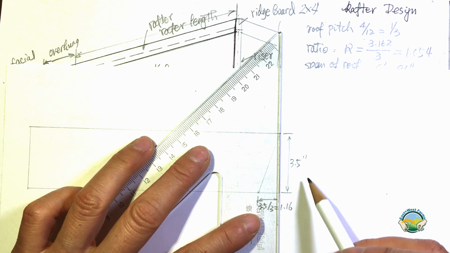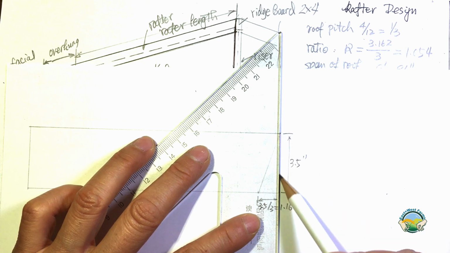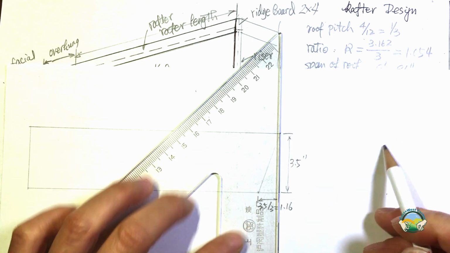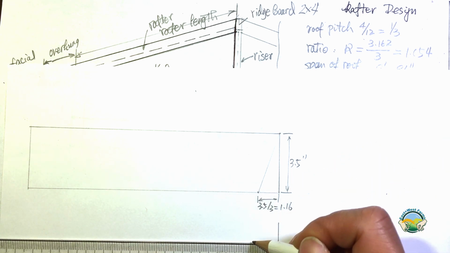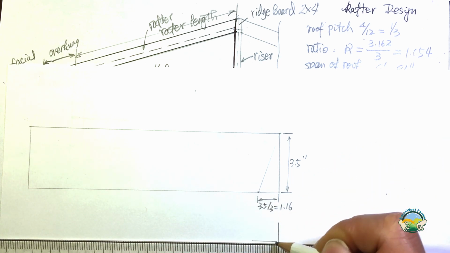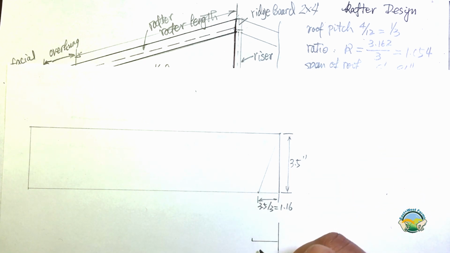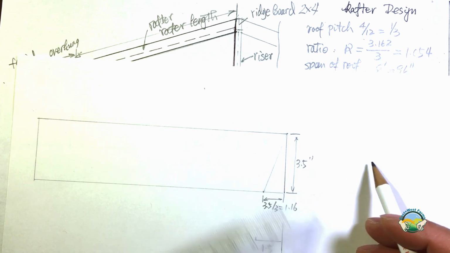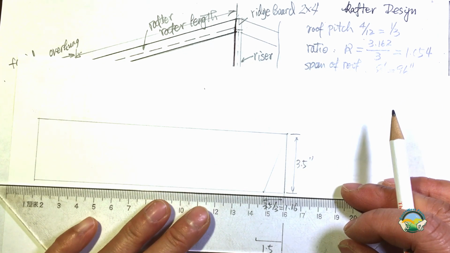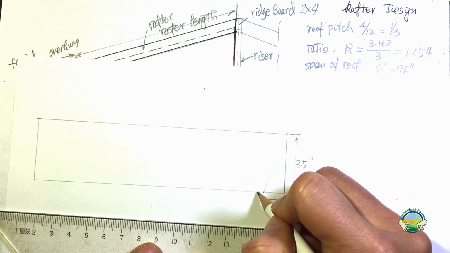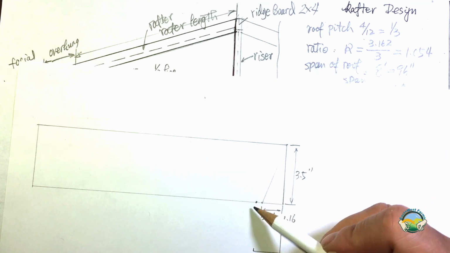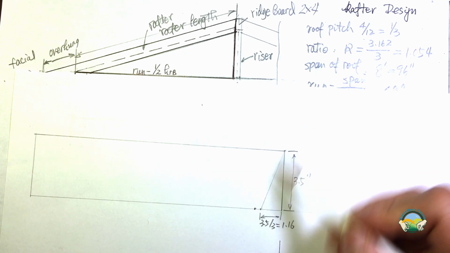So what I will do is use the right edge as my reference point, and I can choose a convenient distance like 1.5. As long as this number is larger than that number, it will work. So 1.5 from here ends up over there. That will be my starting point of my plumb cut.